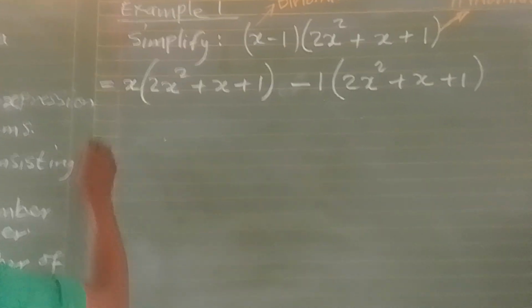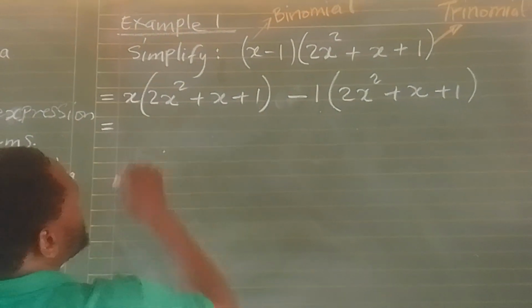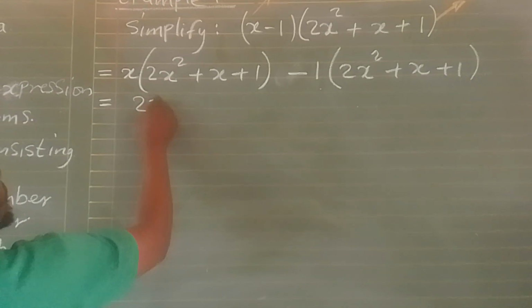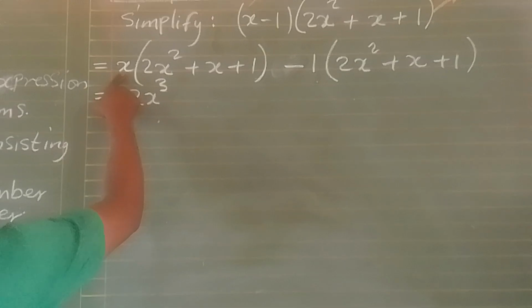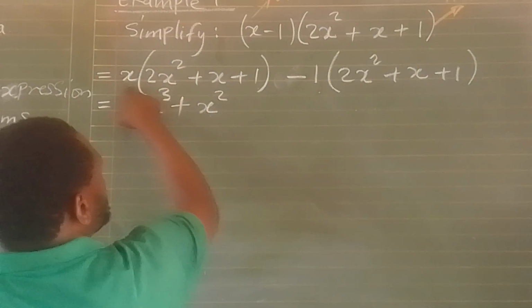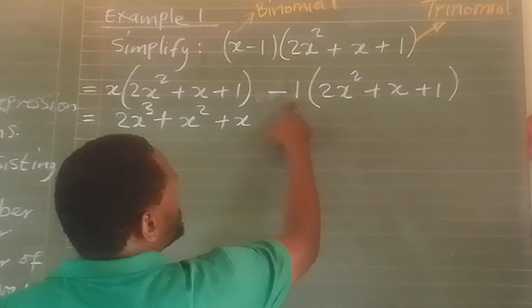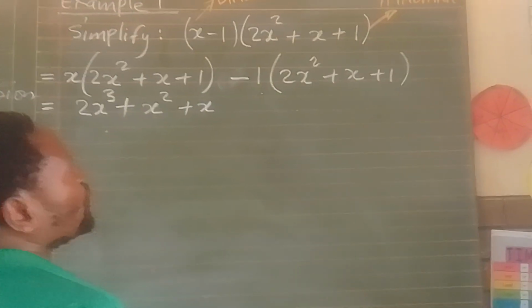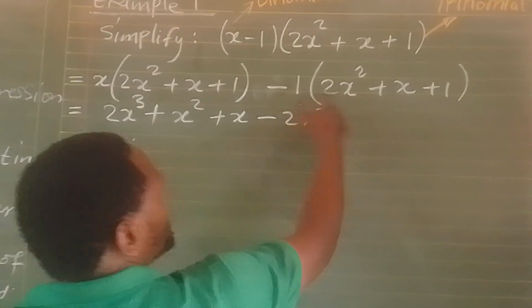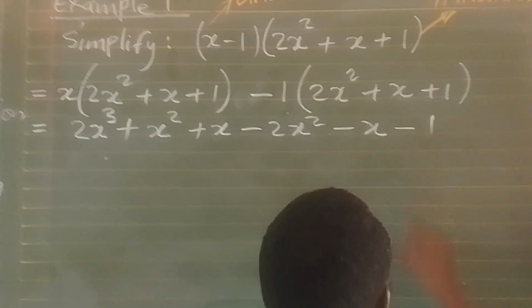This is your equal sign. Now you multiply x by 2x squared, you get 2x cubed. x times x gives x squared. x times 1 gives x. Negative 1 times 2x squared gives negative 2x squared. Here you get a negative x, and here a negative 1.